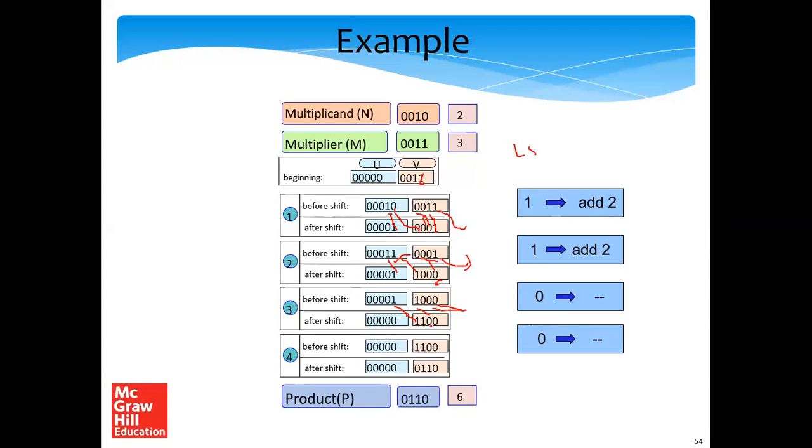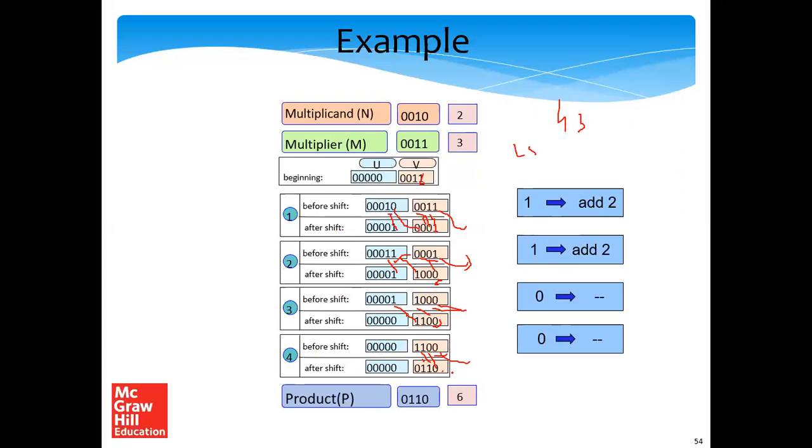Then we again check the LSB of v is 0, then we do nothing, simply we shift it. Because this is a 4-bit multiplication, we take only 4 iterations.